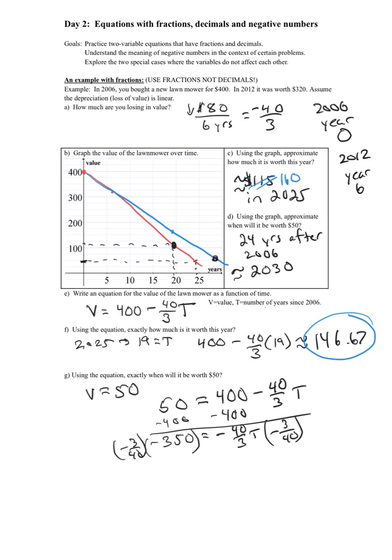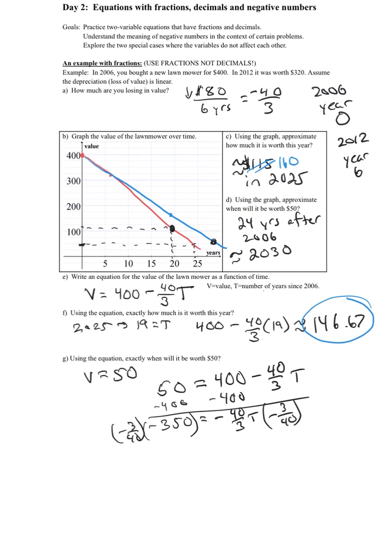And again here, I'm going to go ahead and use a calculator and get an answer. So the negatives cancel out. So 3 times 350 divided by 40.